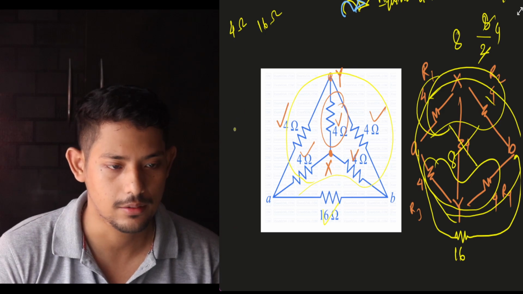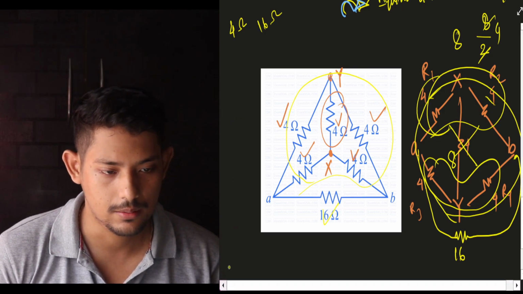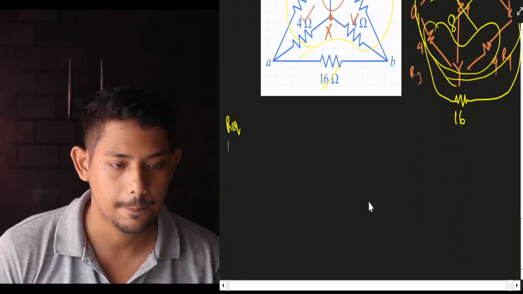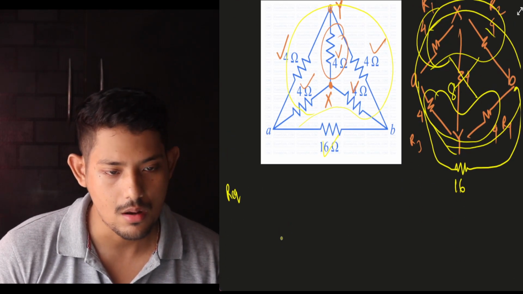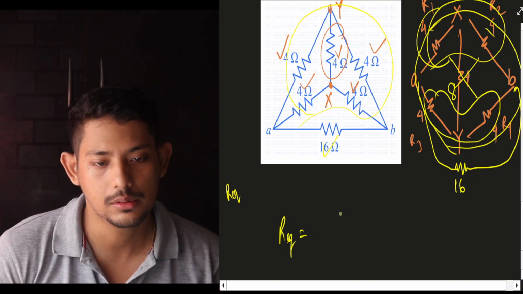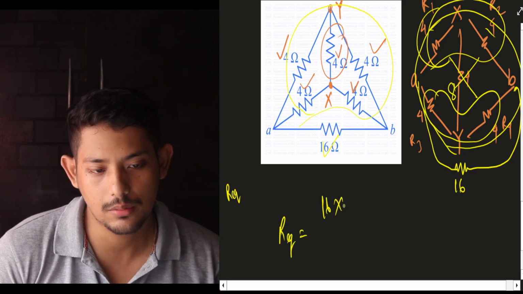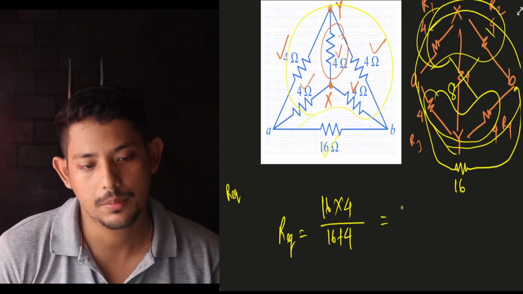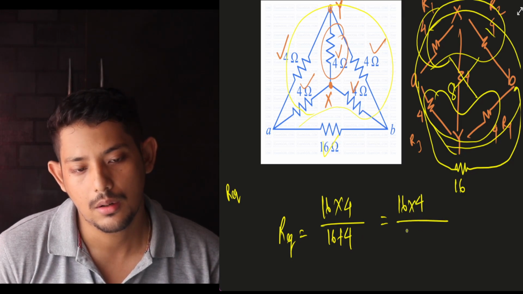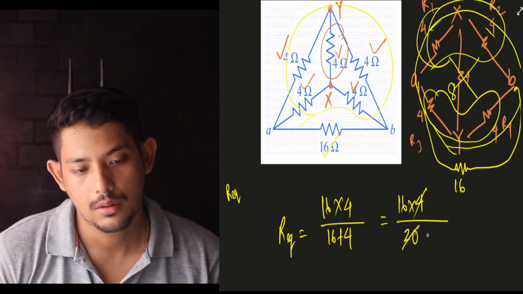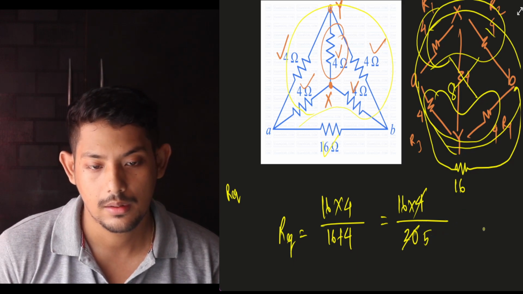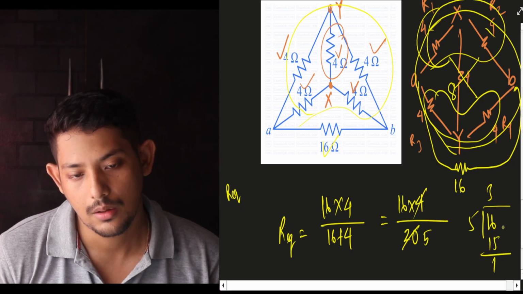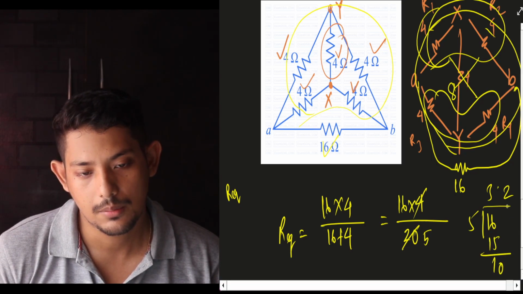For parallel I use again R equivalent in parallel. Req is equal to 16 and 4, right? 16 into 4 by 16 plus 4, which becomes 16 into 4 by 20. 5 times 4 is 20, so 16 by 5. 5 3s are 15, and 1, it becomes 3.2.